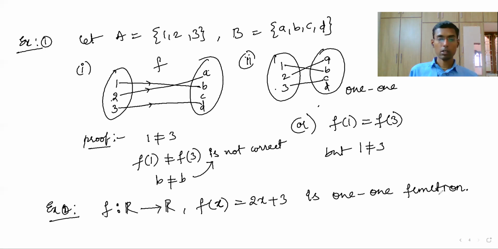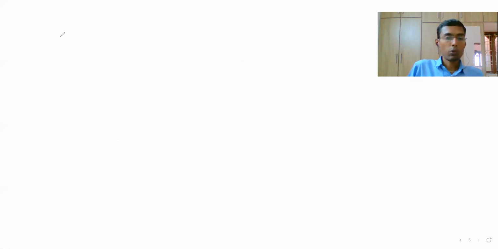Is that okay? I already told. Now we'll prove it. f of x equal to simply 2x plus 3. What I told is a function on real numbers. x belongs to R. This is what is given.